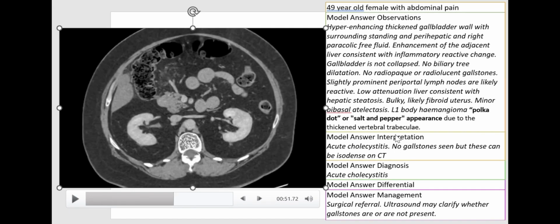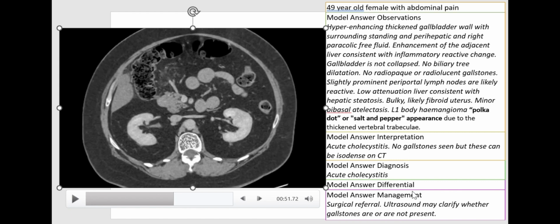So the interpretation here is acute non-calculous cholecystitis, as no gallbladder stones could be detected. However, isodense gallbladder stones could be present and can't be detected on CT scan.